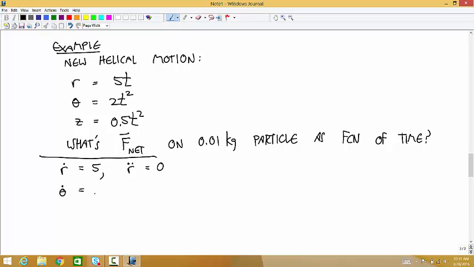Theta dot is 4t. Theta double dot is 4. z dot is 1t. z double dot is 1.